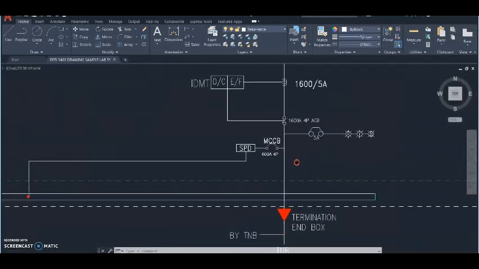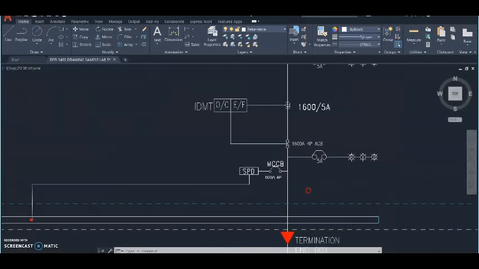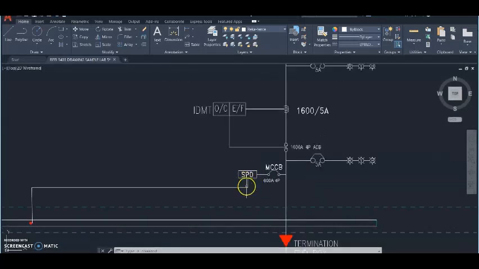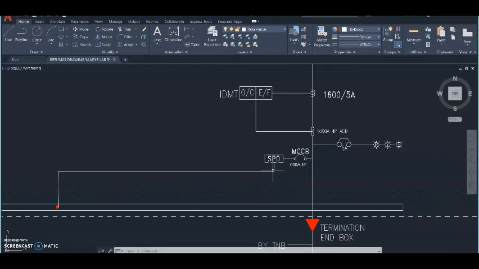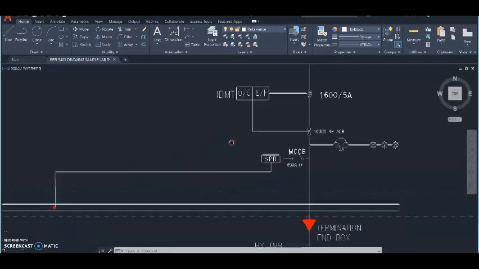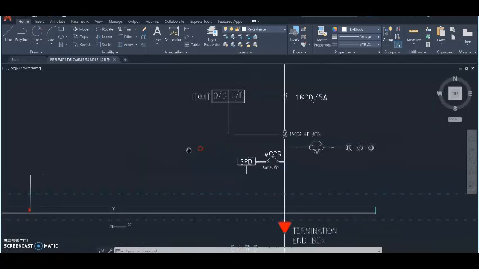Firstly, from the TMB we have SPD, which is surge protection device, that protects our circuit from lightning strikes, and it will allow the high current to go to the ground, to the earth, sorry.